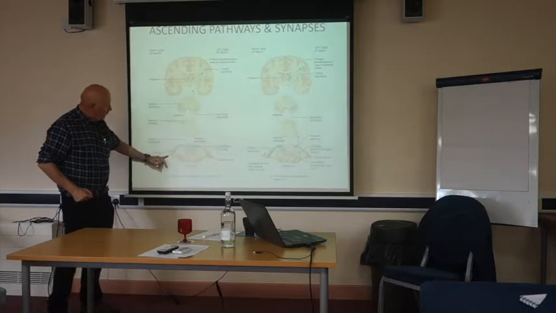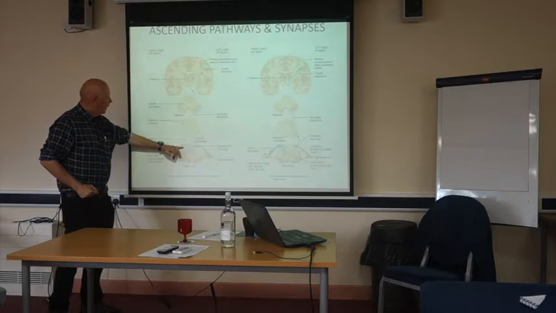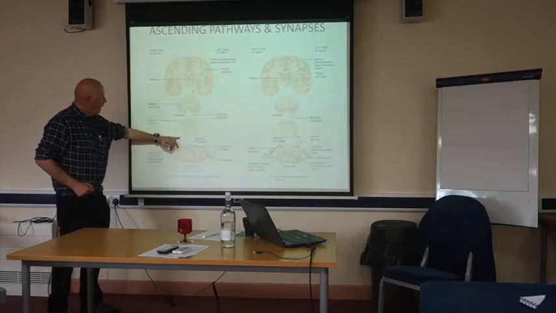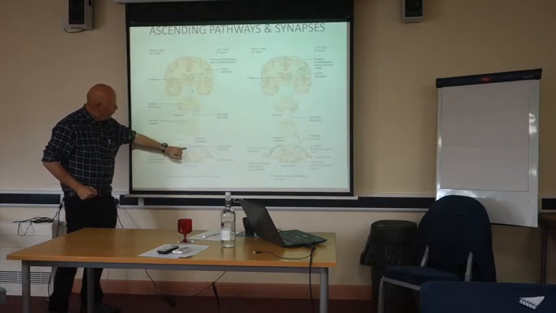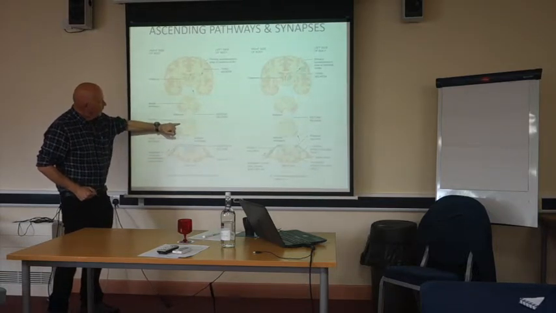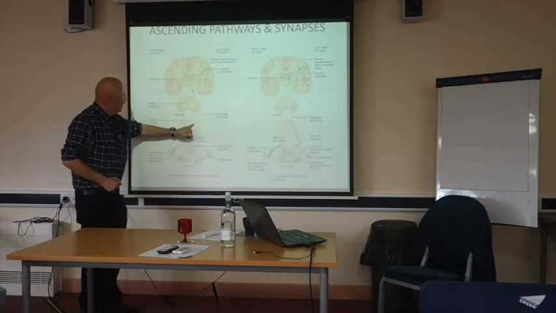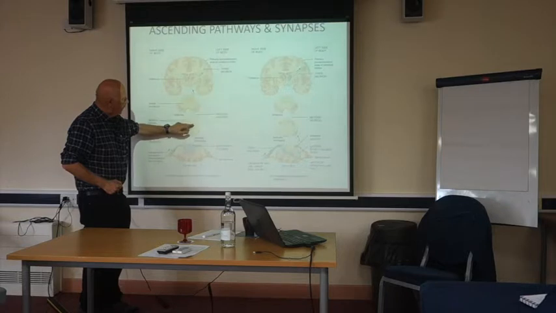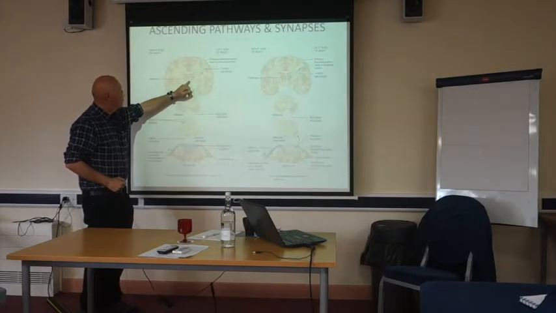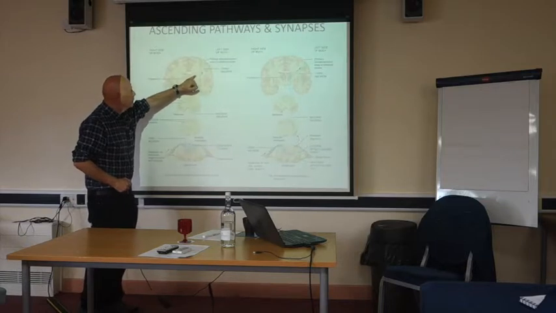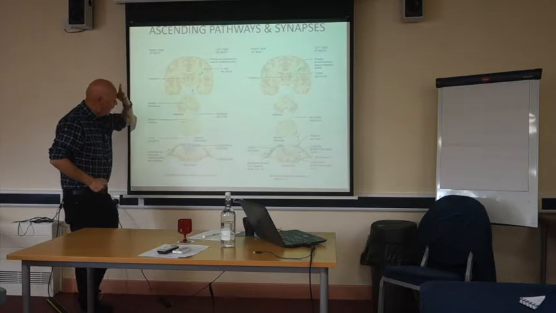They're going into the body, into the dorsal columns, and they're going to go up into the medulla. So there's your first order neuron. They're going to synapse in there into your second order neuron, and crossing over and going up the opposite side of the body into the brain, synapsing onto a third order neuron and going up there. So it gets up to the sensory cortex like that.